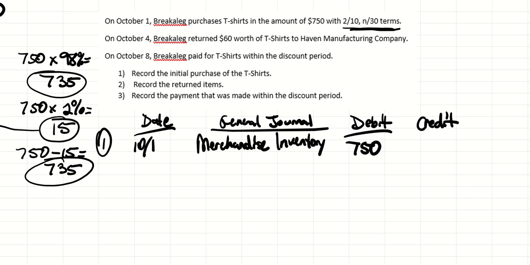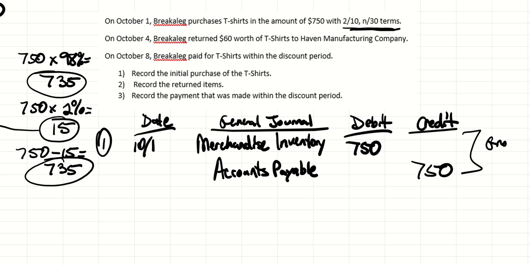That lets us know that cash was not exchanged. So accounts payable is going to be credited for $750. This is using the gross amount, excluding any discounts, returns, and allowances. We're just recording the transaction as it happened on October 1st.